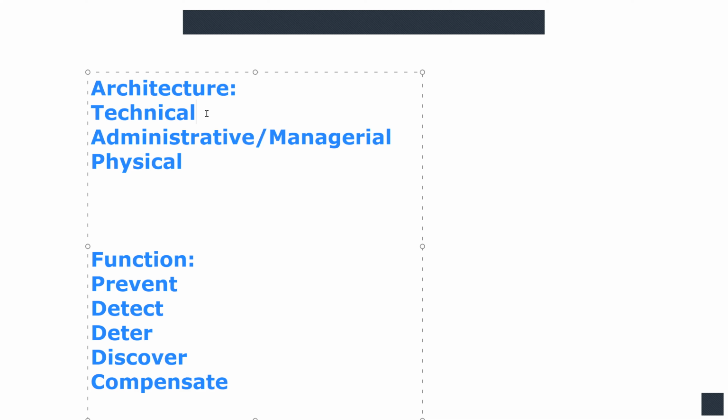Sorry, Osama, go ahead. I'm sorry, but I can't get the difference between detect and discover. Detect is detecting if something happened, and discover is the same, or is there another meaning for discover?